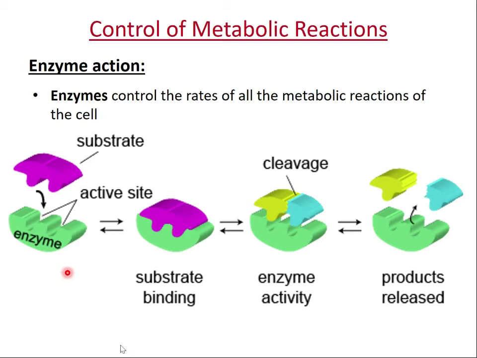They are not being used up. So this is an example where we have a substrate, which is the molecule that will be broken down. It comes in and the enzyme helps cleave it or break it up, and the molecules leave the enzyme and the enzyme is still intact and now can take another substrate to push this reaction in one way or the other.